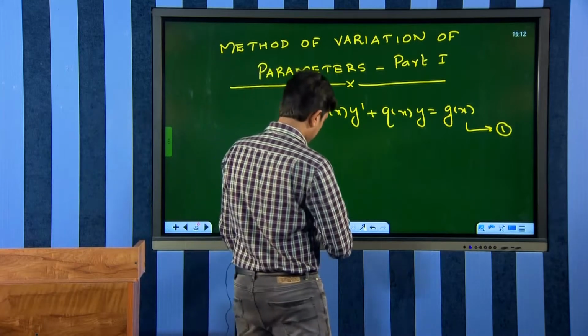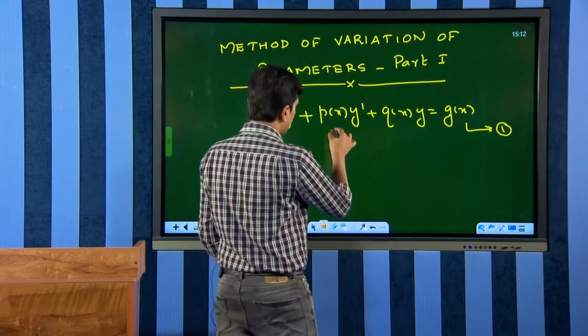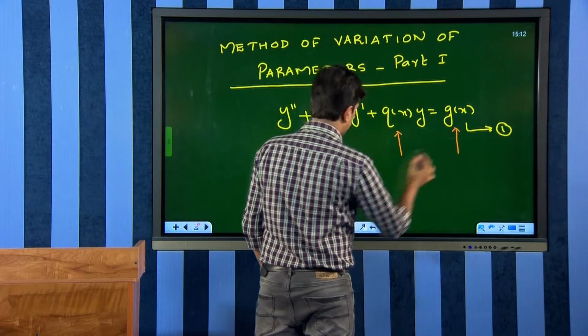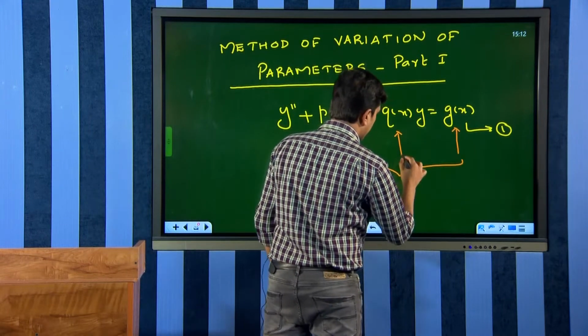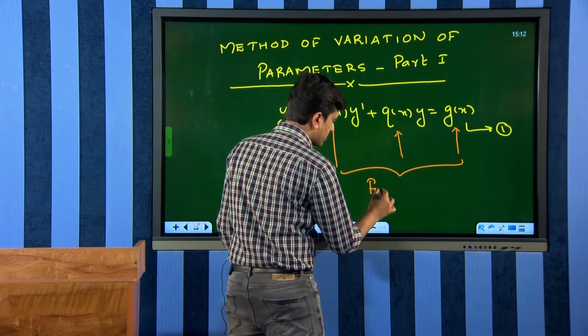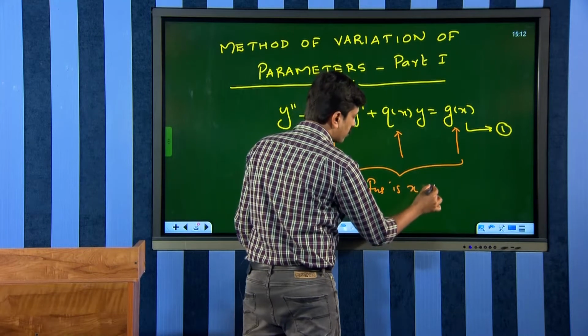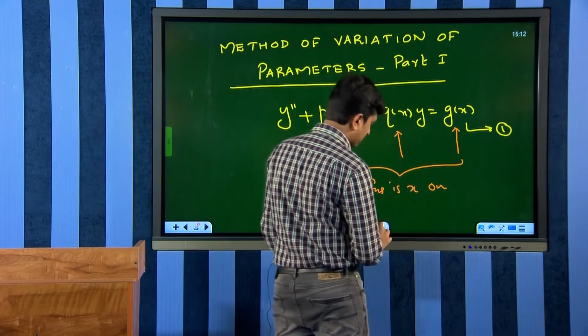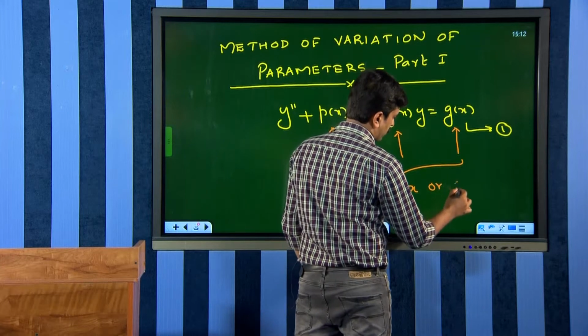Here p(x), q(x) and g(x) are functions of x, or constant values.